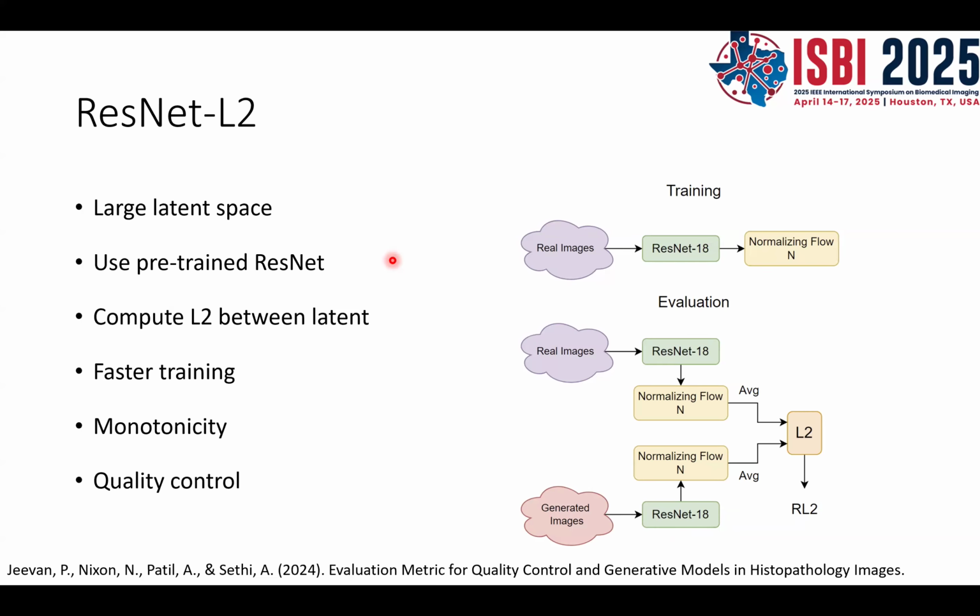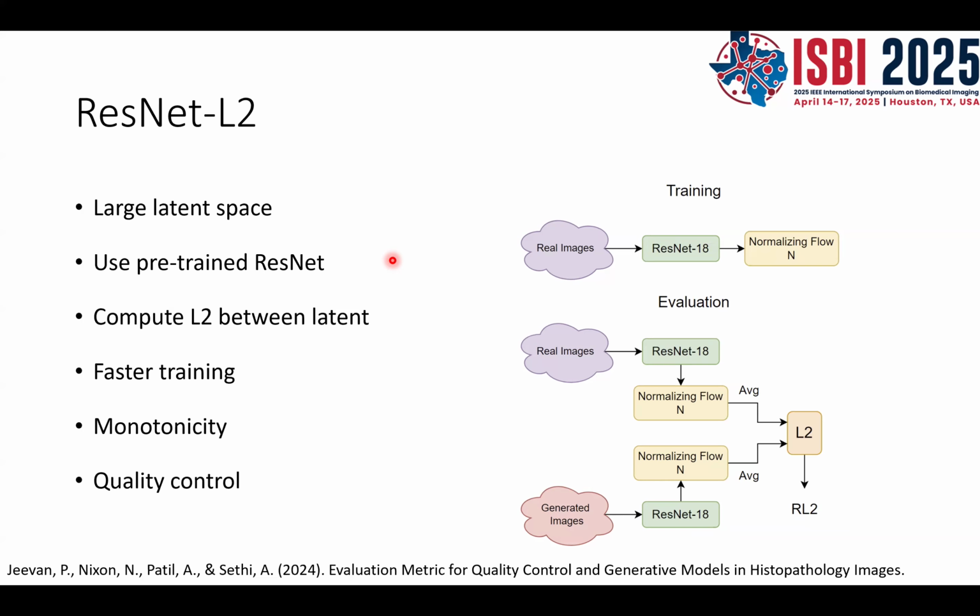So instead of taking the image directly as the input, we thought, why not do partially what FID does: take an architecture, a backbone pre-trained on ImageNet or something, take its features, and then use those features to train the normalizing flow. So here we are doing exactly that.